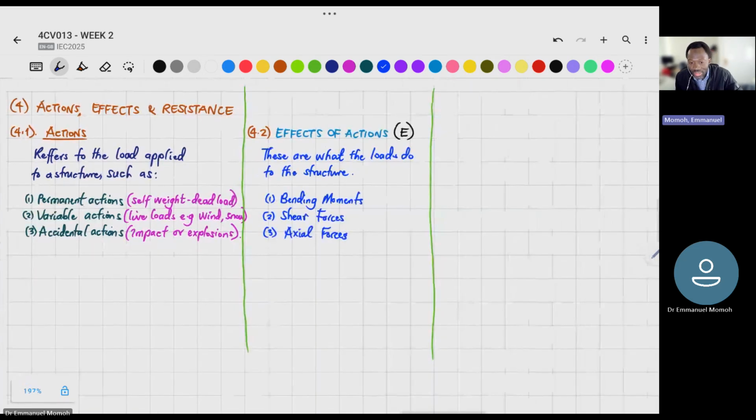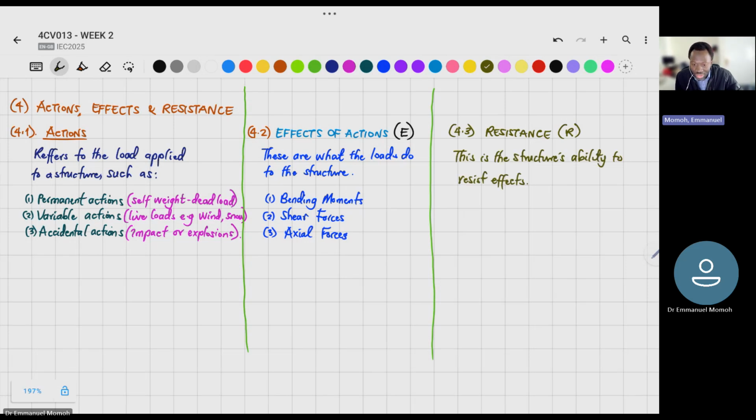Now let's look at resistance. Resistance is represented by the letter R, and this is the structure's ability to resist effects. The structure's ability to resist effects is based on the material strength, the geometry of the structure, and the detailing of the structure.